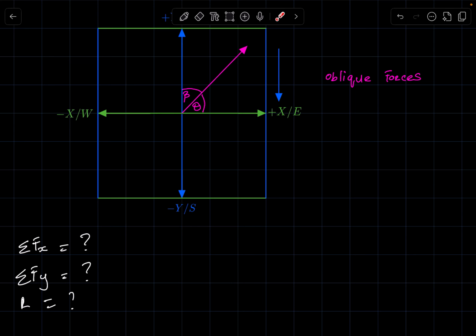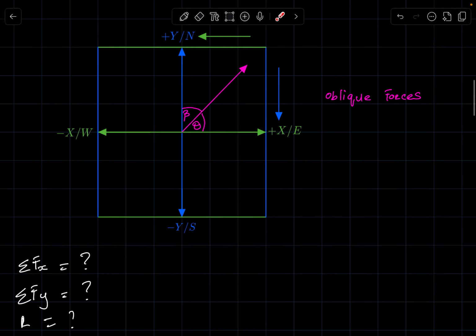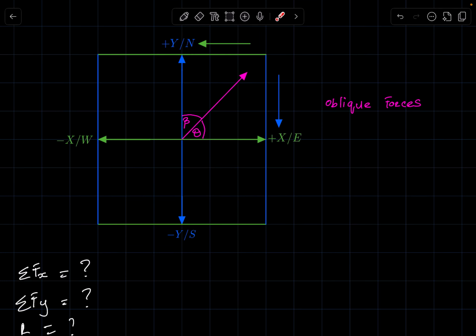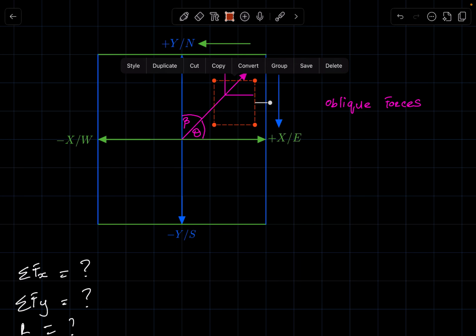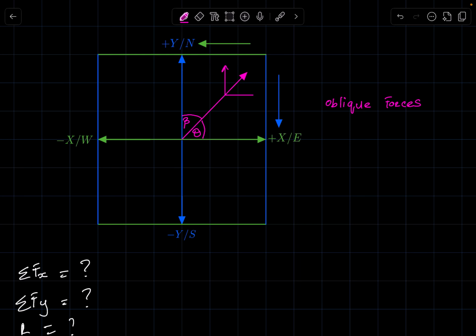So what we do with oblique forces instead is we resolve them into their components. So you'd have the vertical component, or the component of the oblique force in the y direction, as well as the horizontal component, or the component of the oblique force in the x direction.